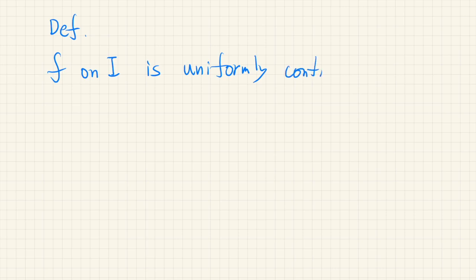So here's the definition. Suppose we have a function f defined on some interval I. We say this function f is uniformly continuous on this interval if the following condition is met.